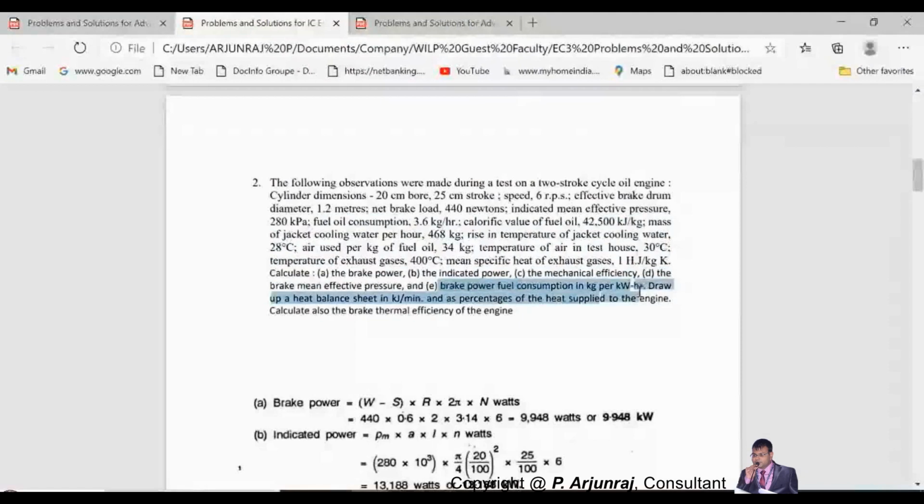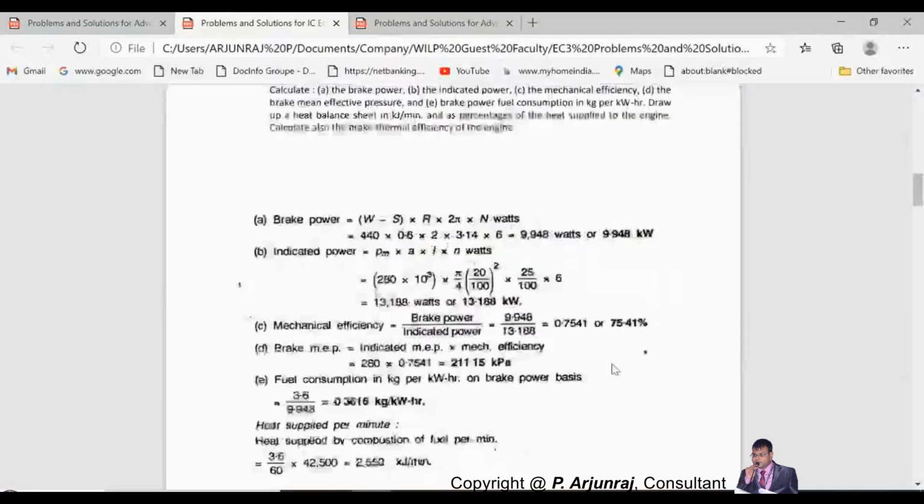After calculating that, we need to draw the heat balance sheet in kilojoules per minute. You can even have it in kilojoules per second also. Then you also calculate the percentage of heat supplied to the engine. Here they are also asking for one extra: to calculate the brake thermal efficiency of the engine as well.